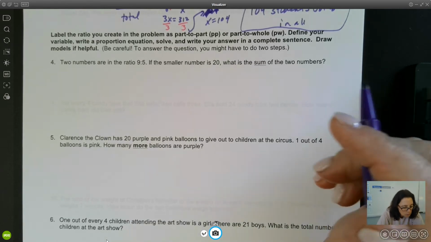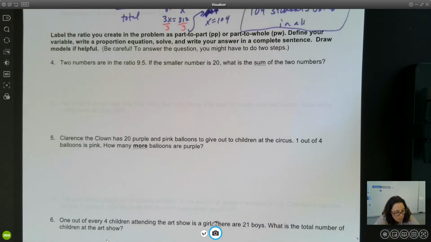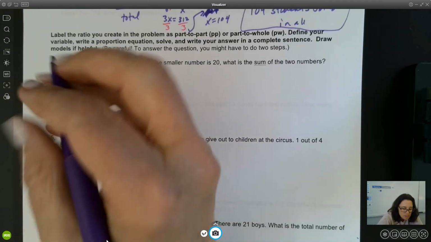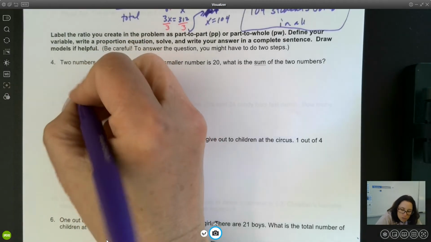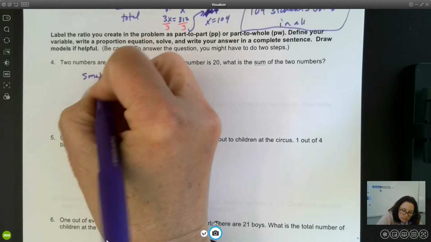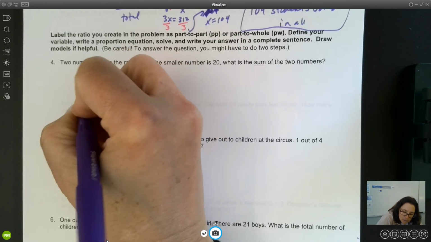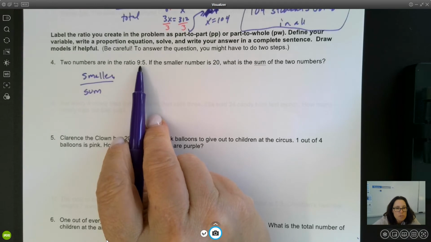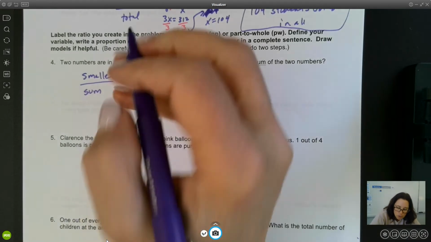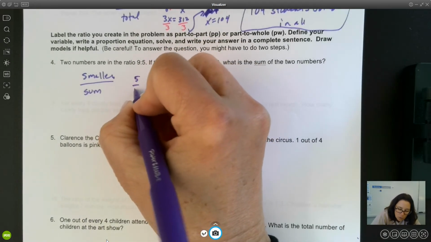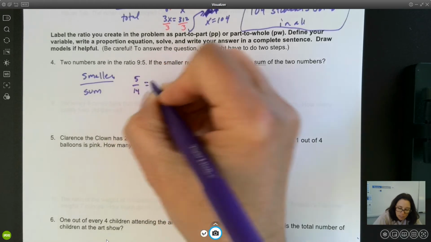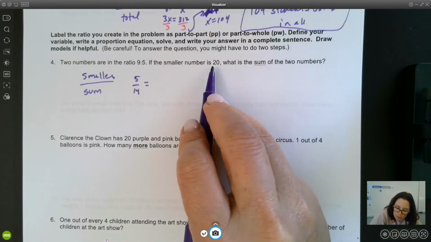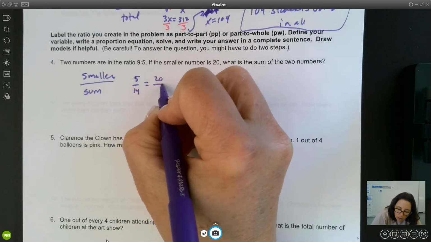All right, so a couple ways to do it. I think the easiest way is going to be to do the smaller number over the sum. Okay, the sum of these 2 numbers is 14. So we're going to have 5 over 14 equals the smaller number is 20, and we're looking for the sum.